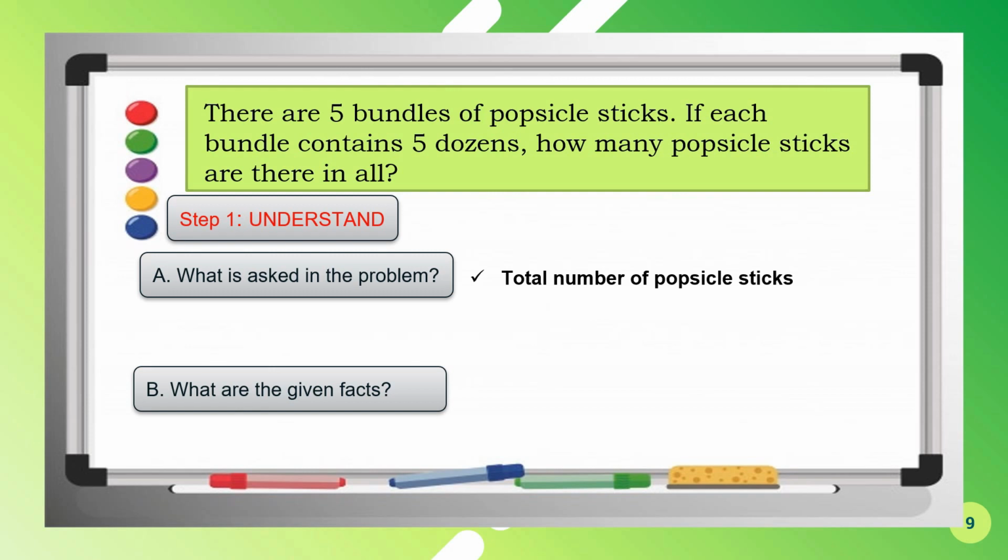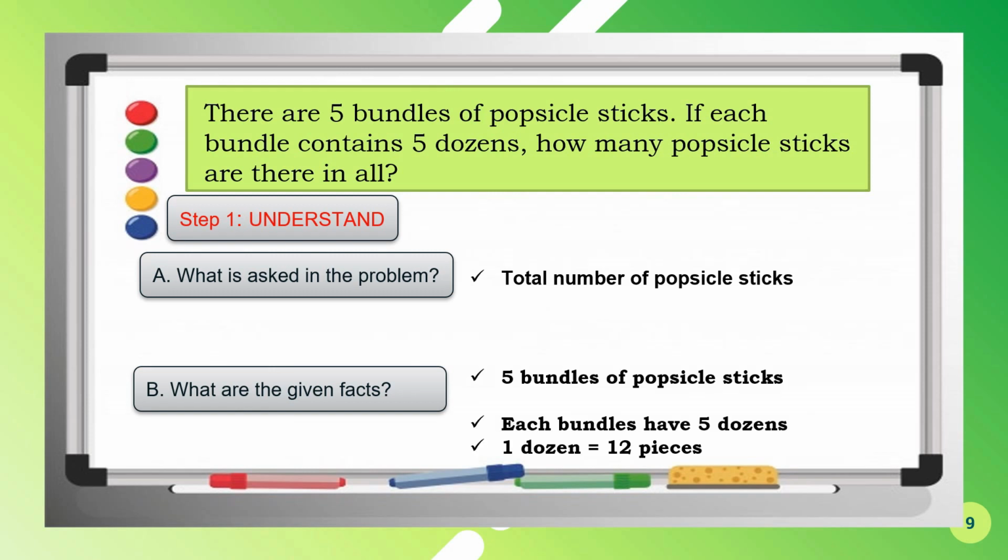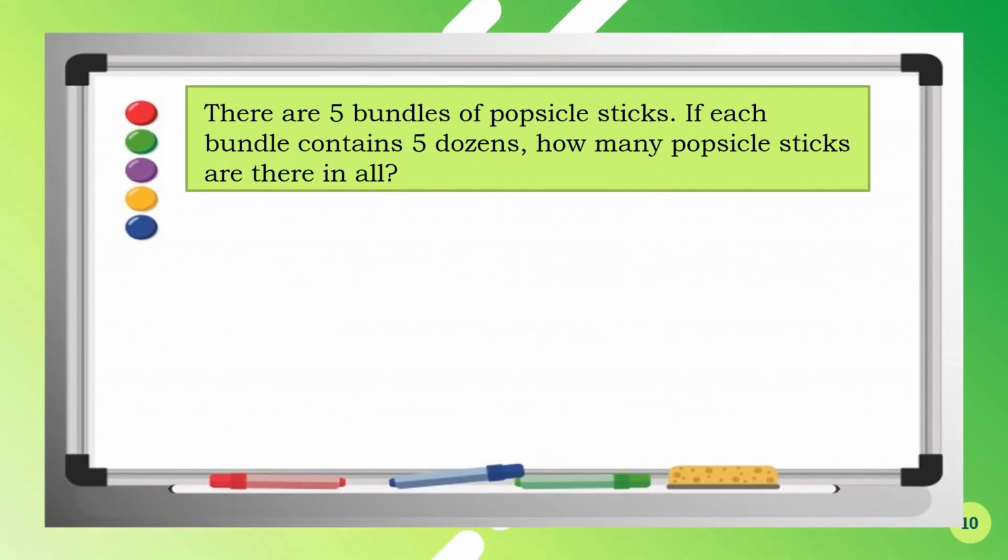Next are the given facts or the important numbers to solve the problem. So we have 5 bundles of popsicle sticks. Each bundles have 5 dozens. 1 dozen is equals to 12 pieces. Step 2 is plan.